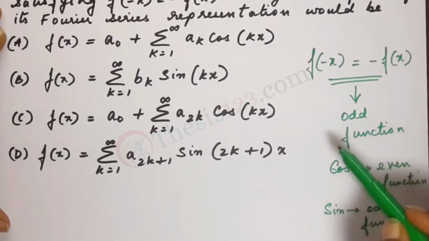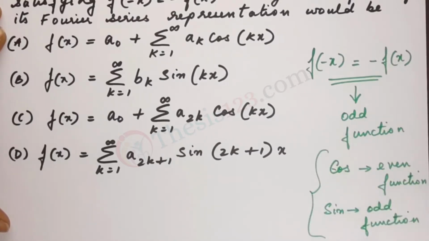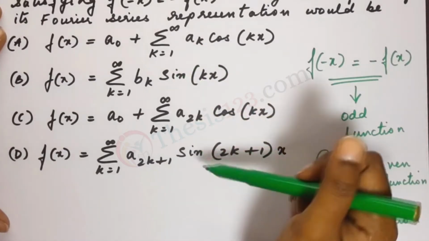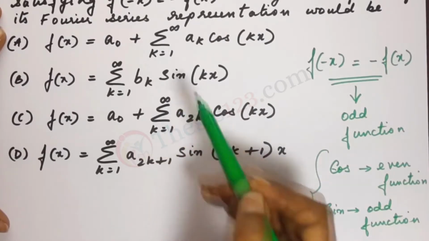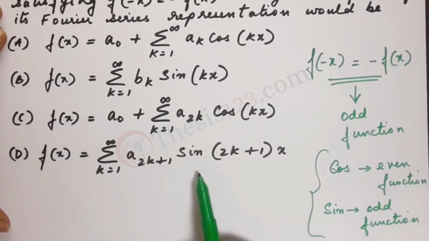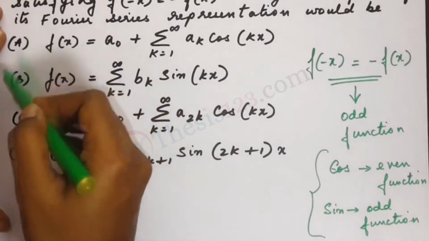So this helps us. These are clues for us. So if the condition indicates that the function is odd, it means that we are looking for a sine function. So in all of these 4 options, we see that there is a sine term in option B, and there is a sine term in option D. So that rules out A and C.